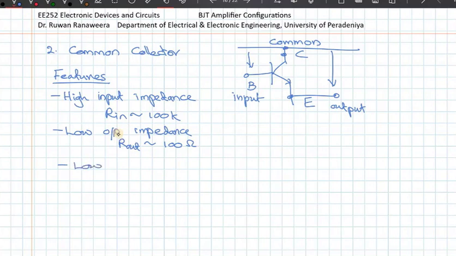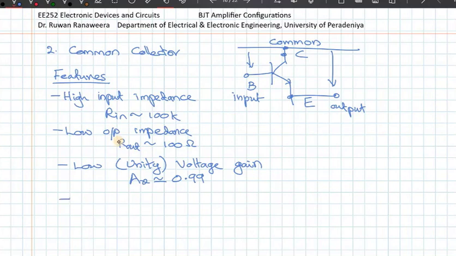It is close to unity, actually less than unity, almost unity, like AV is about 0.99. So it's never more than or equal to 1, it's always less than 1, but close to 1.